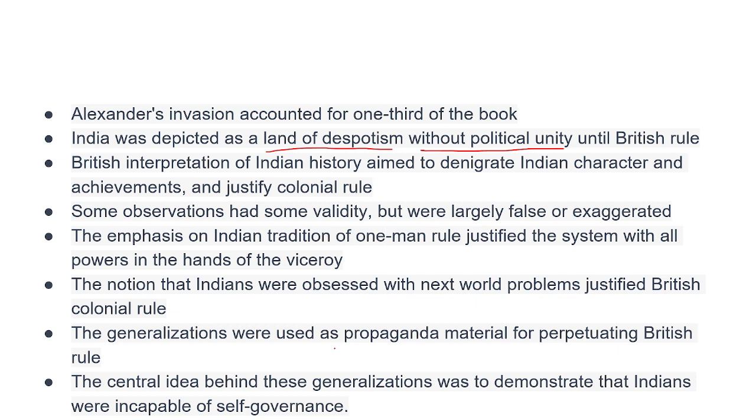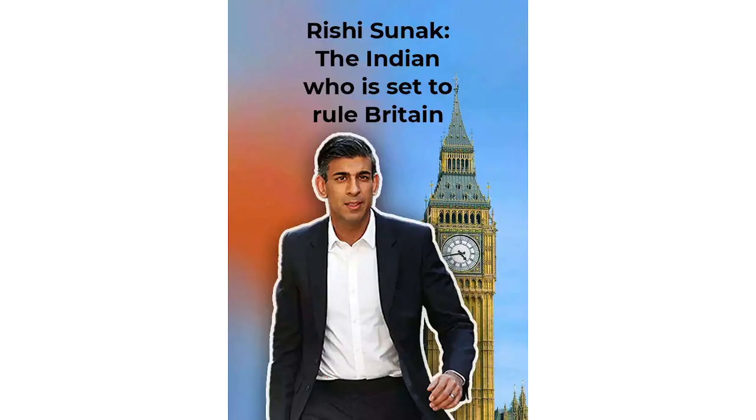And जब ये generalization बार बार होने लगा कि we are incapable, right? The Indians were incapable of self governance. एक तो पहले उन्होंने कहा कि इनका self governance है ही नहीं. And then they say that ये तो govern कर ही नहीं पाएंगे खुद को. But today, can you see this man?